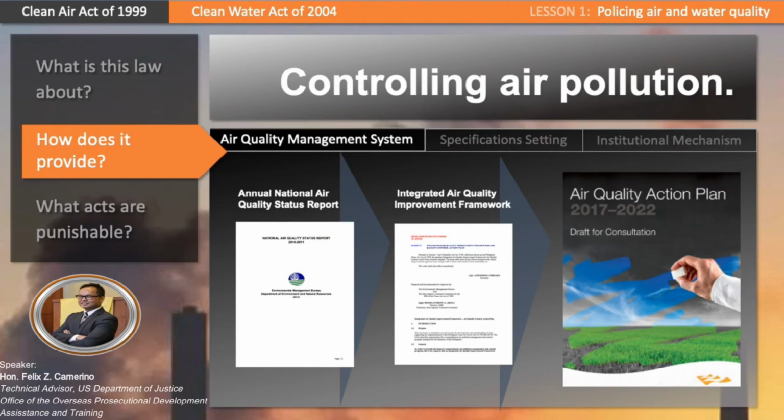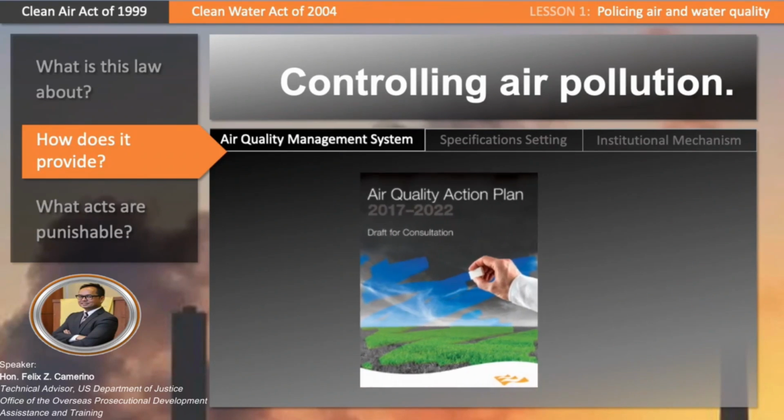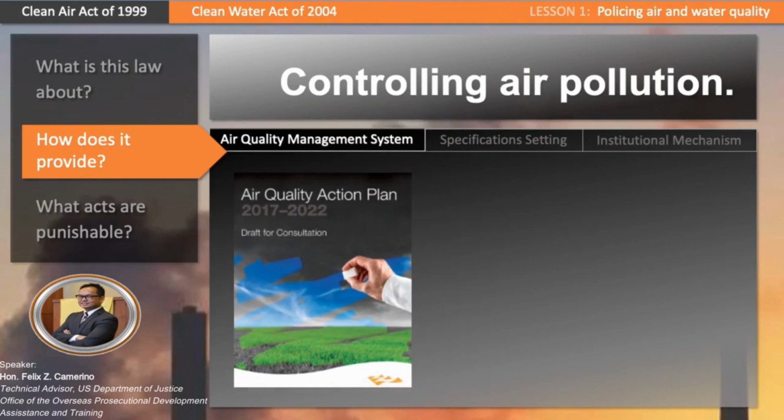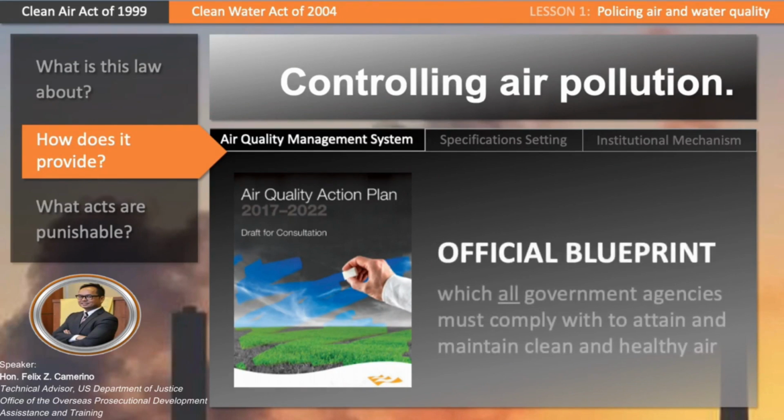But let's now focus in on exactly what, in a summary, this air quality action plan is. Okay, bottom line is, it's a blueprint. It's really just an official blueprint that all government agencies must comply with, specifically so they can attain and maintain clean and healthy air.